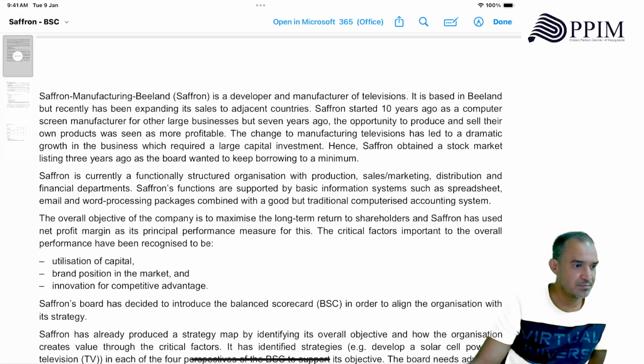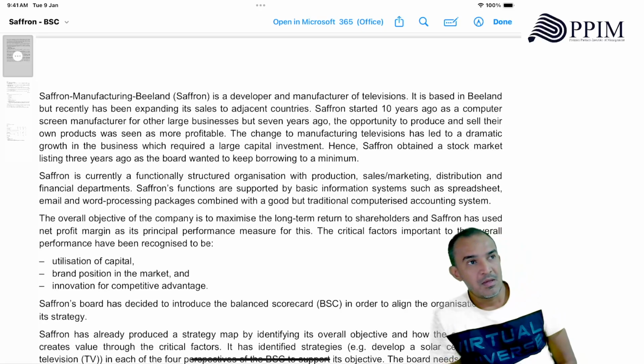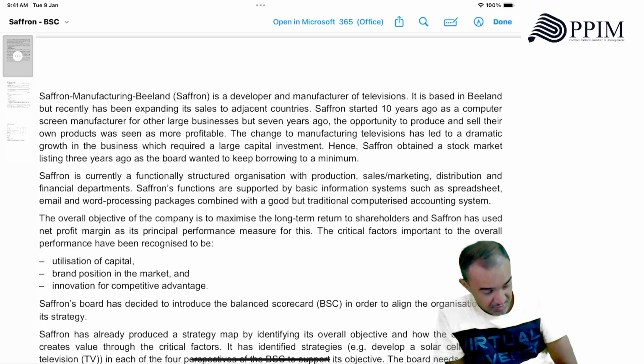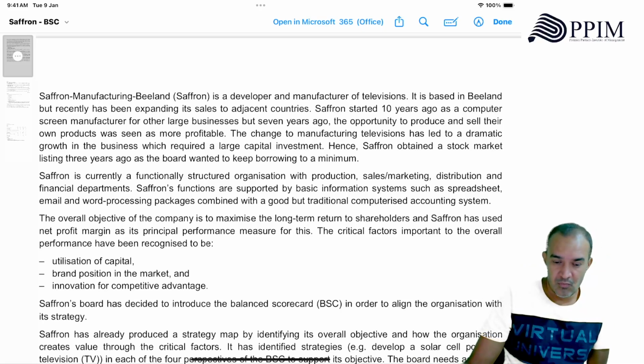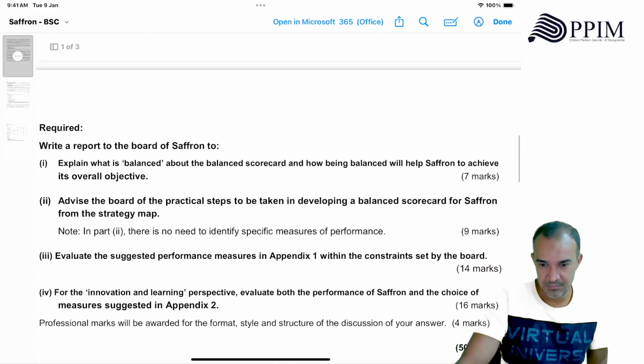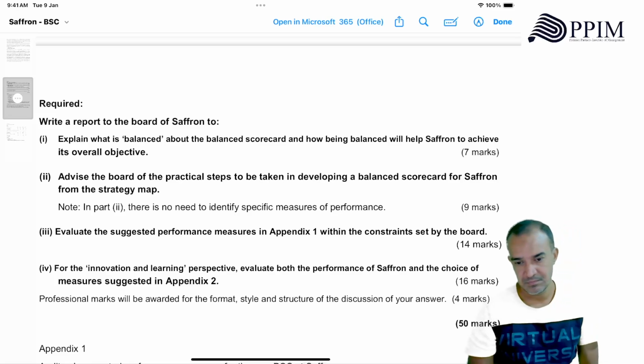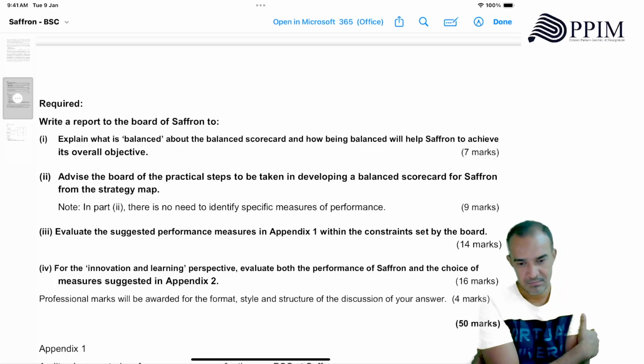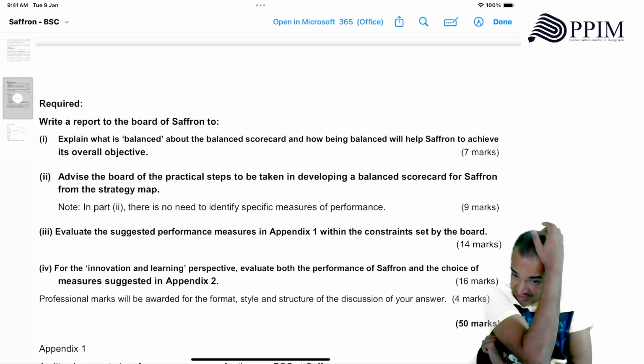In order to achieve this objective, BSC, balance scorecard, would help in identifying critical success factors and KPIs towards the achievement of the objective.